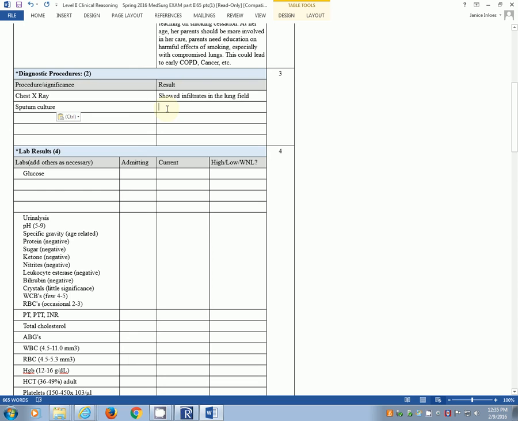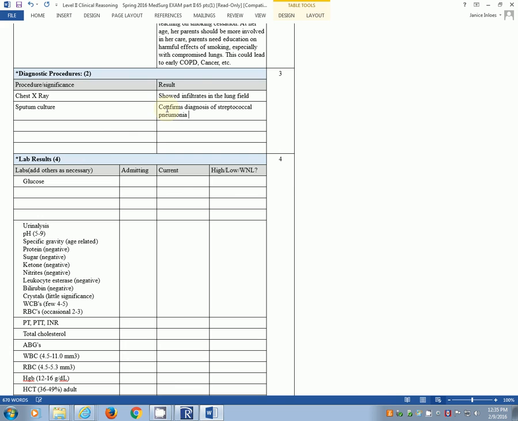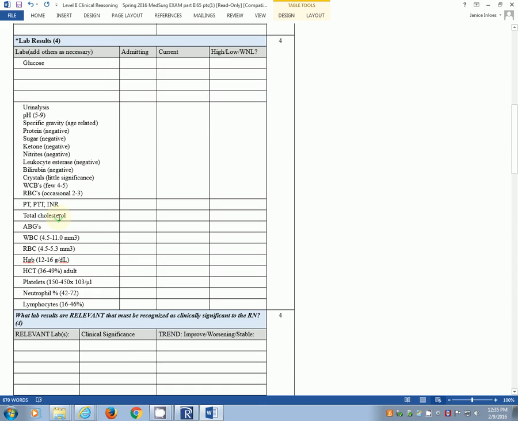The result of that culture confirms diagnosis of streptococcal pneumonia. Okay, and we really didn't have any other labs, so I don't have to do anything about labs.